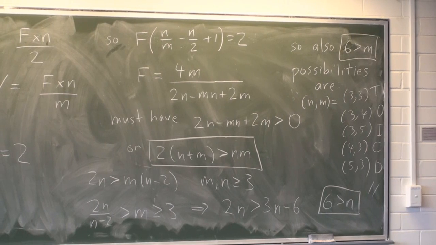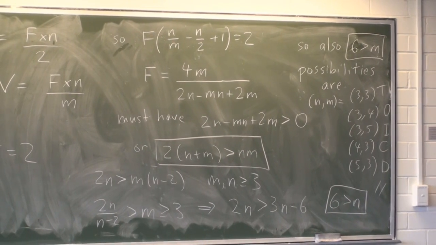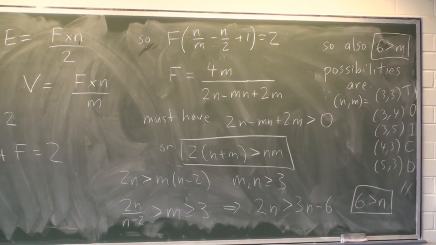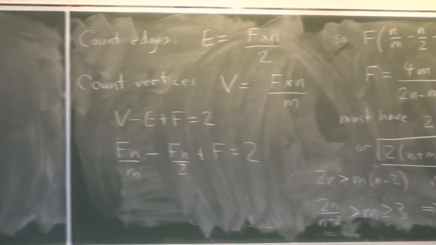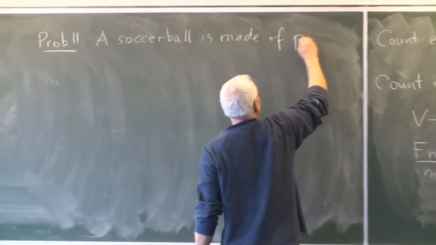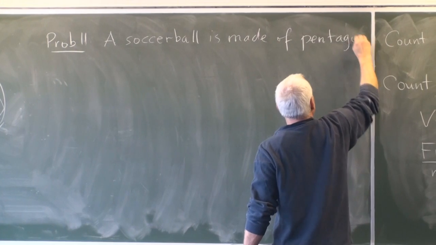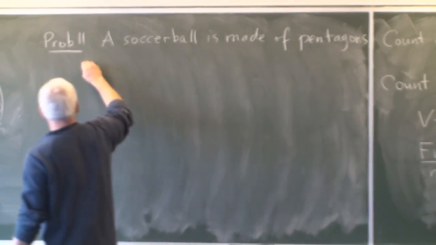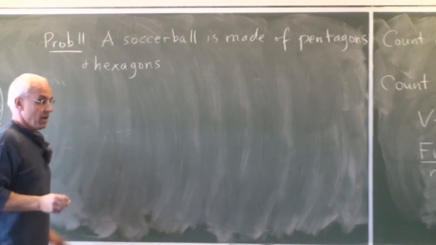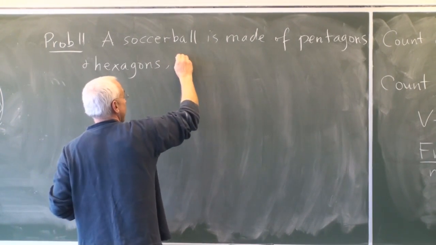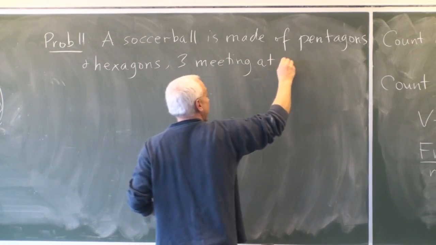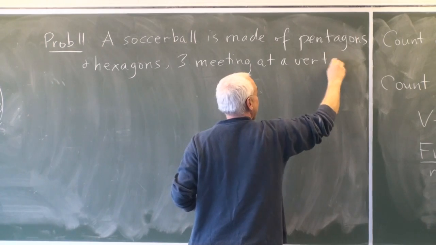Problem 11. A soccer ball is made of pentagons and hexagons with three faces meeting at a vertex.